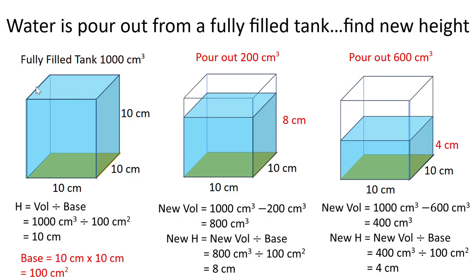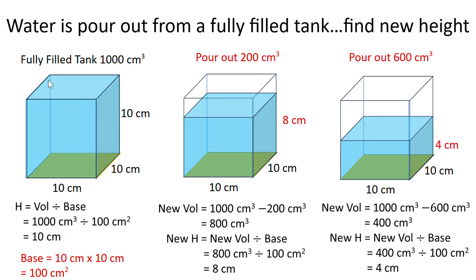Next. Okay. This is another type of question that they will ask you. They say that now you have a completely filled or fully filled tank, and you pour some water out, or you scoop some water out of the tank, and they ask you to find what is the new height.